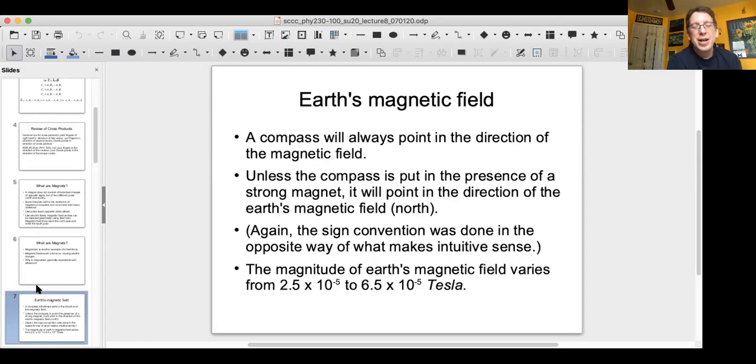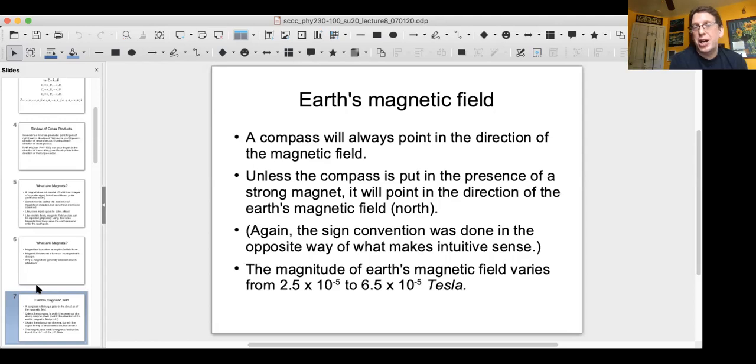The Earth's magnetic south pole is near its geographic north pole, and the Earth's magnetic north pole is near its geographic south pole. The magnitude of the Earth's magnetic field varies from 2.5 times 10 to the negative 5 to 6.5 times 10 to the negative 5 Tesla, where a Tesla is the unit of magnetic field strength in SI units. And it's named for Nikola Tesla, who was a Serbian immigrant who came to this country. He had a laboratory right here in Suffolk County on Long Island.